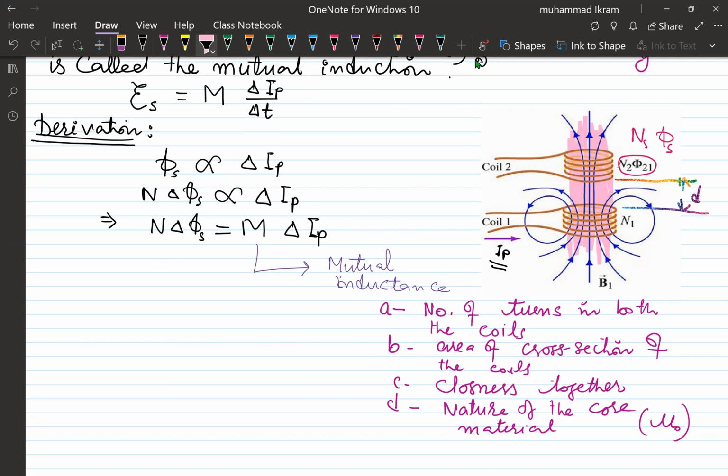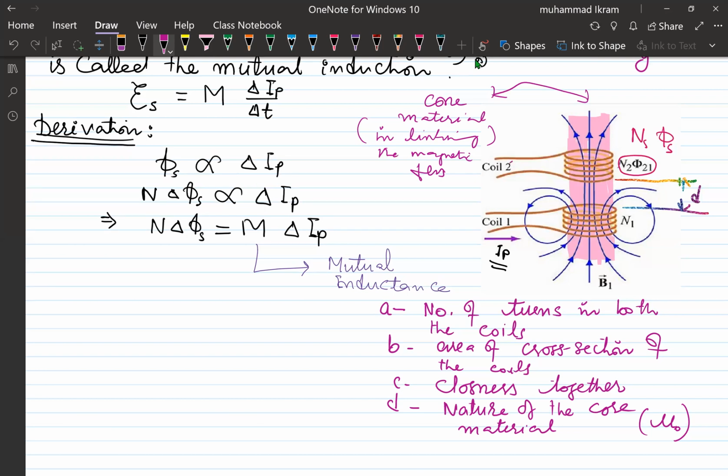If you connect the two coils with the help of a soft iron bar, then the soft iron bar is best. This is the core material, and this core material is best in linking the magnetic flux from the primary coil to the secondary coil.